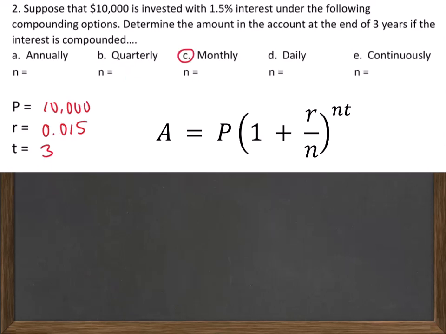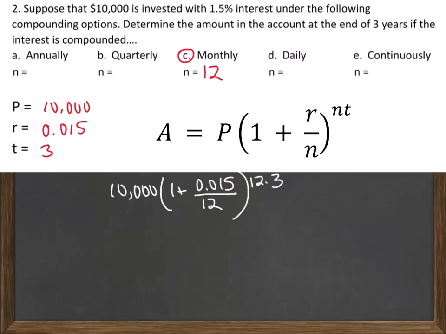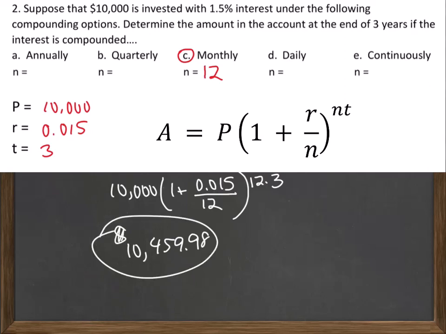All right, so let's do monthly. So remember, monthly means n is 12. Okay, so we have $10,000 times 1 plus r is 0.015. N is 12, and then we have 12 times 3. Okay, and when we calculate this, we get 10,459.98. Okay, and then we want to do daily.